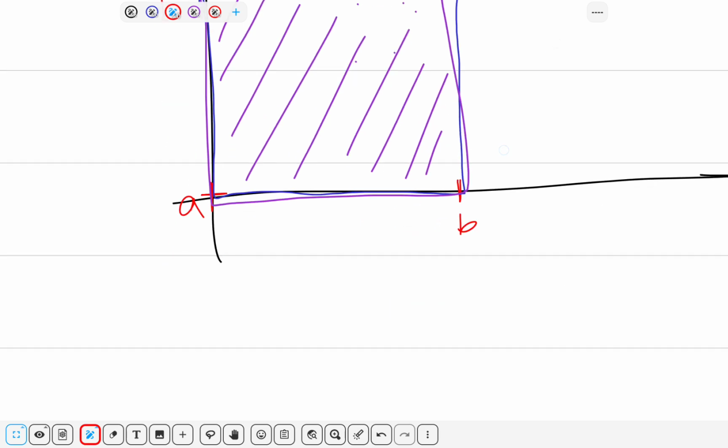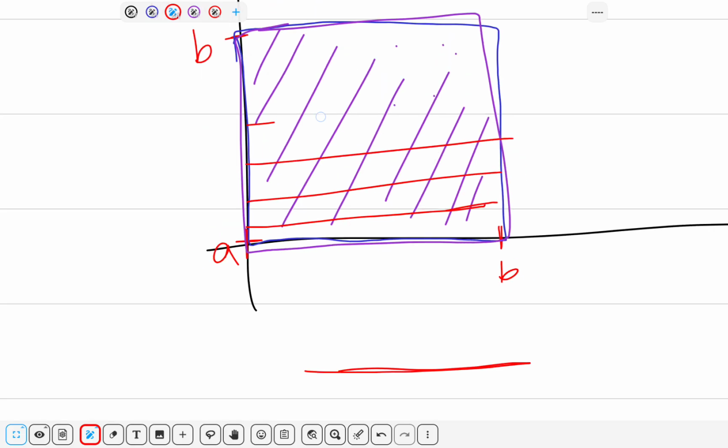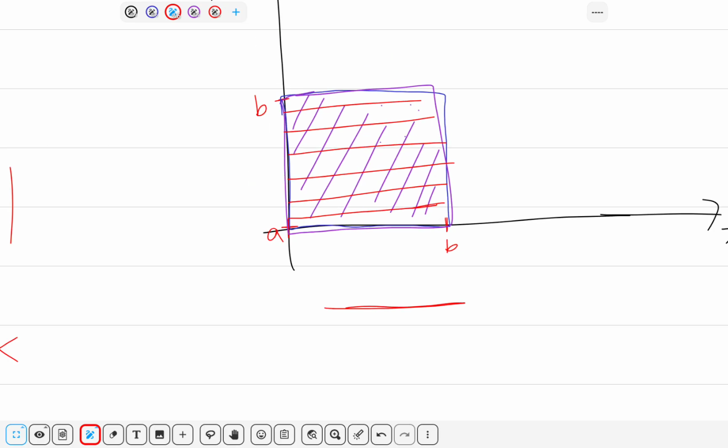I just take the value of that function, analyze it at every point and add them all up, and I get a new function out of it.